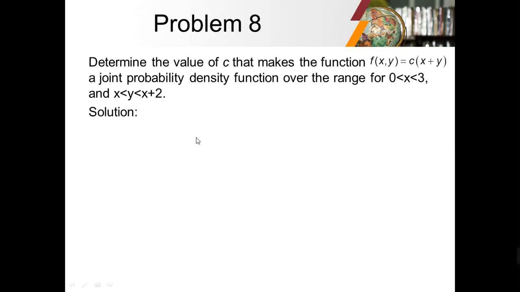So, following the same step, alam natin that the double integral of f of xy dy dx is equal to 1. Okay? Para siya ay maging joint probability density function.